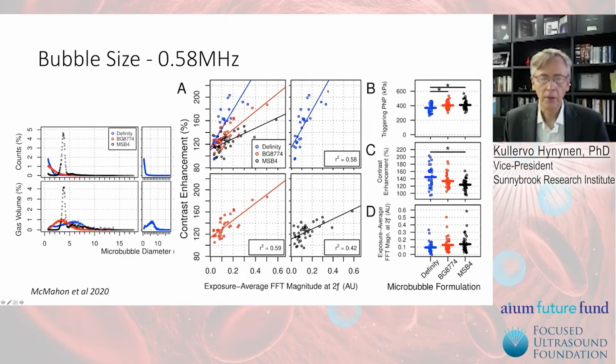So when you compare the second harmonic signal, if you get the same second harmonic signal emissions, you get the highest enhancement with the Definity bubbles. And the experimental bubble and the 4 micrometer bubble were about the same.